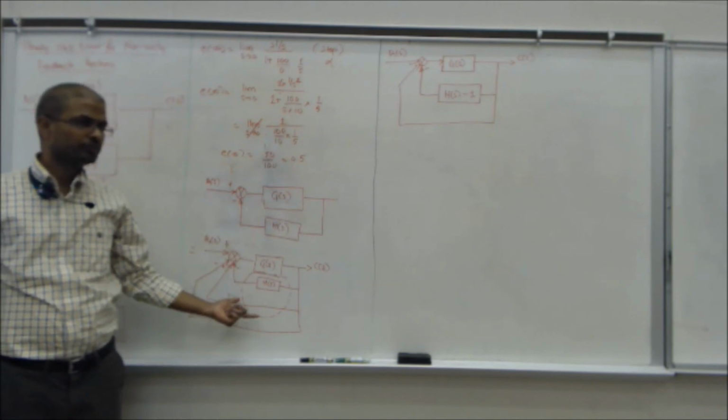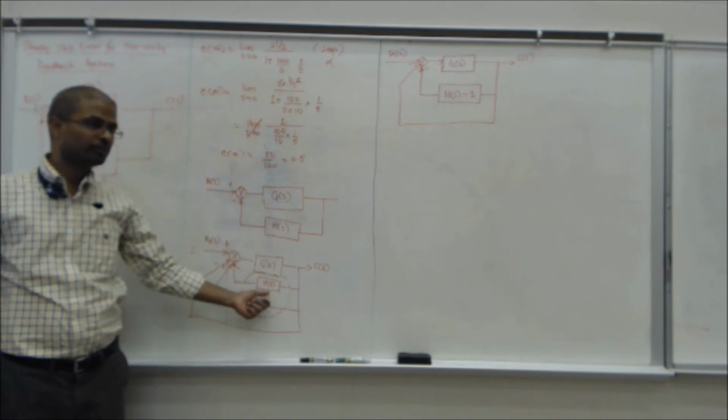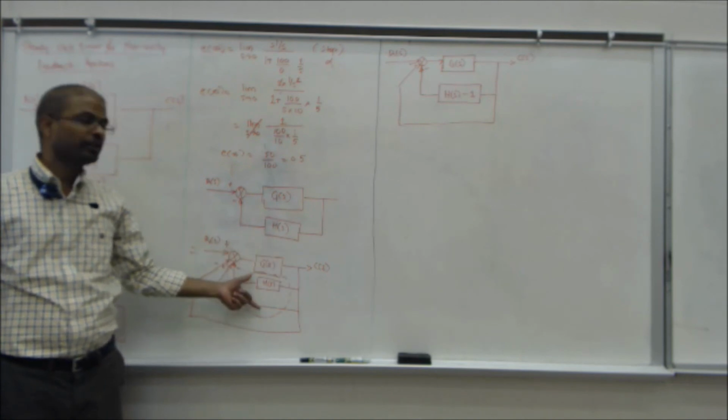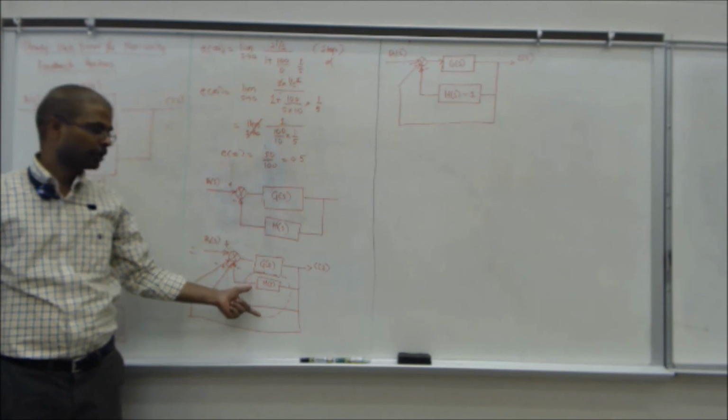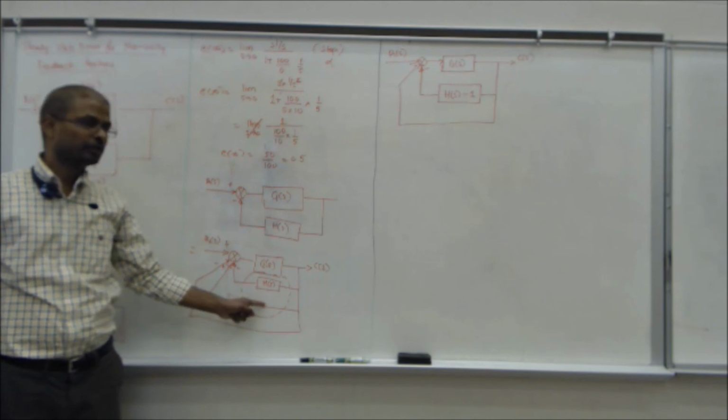You follow this step? Did you follow this step? So for the next one, we're going to combine these two. So you have H of s, this is plus 1, right?